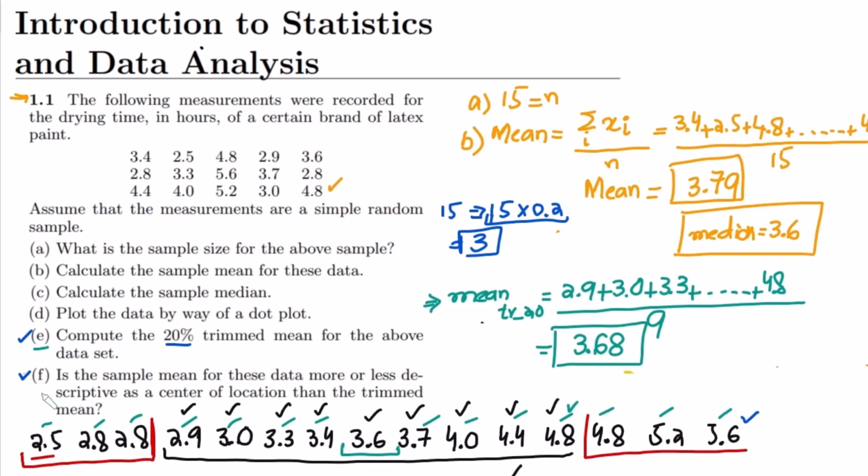So what is the last part? In F we are asked: is the sample mean for these data more or less descriptive as a center of location than the trimmed mean? We can see that the mean when we haven't done the 20% trimming, and the mean when we have performed the 20% trimming, are almost similar.